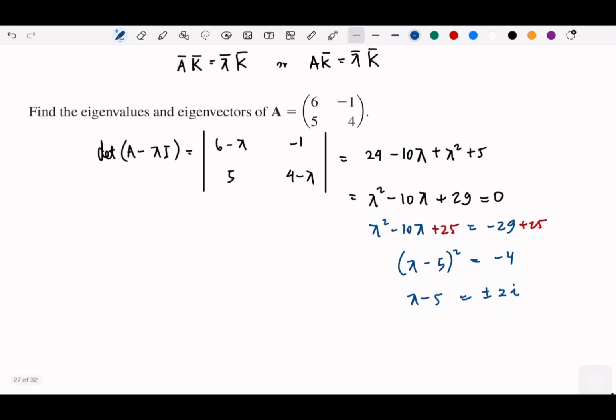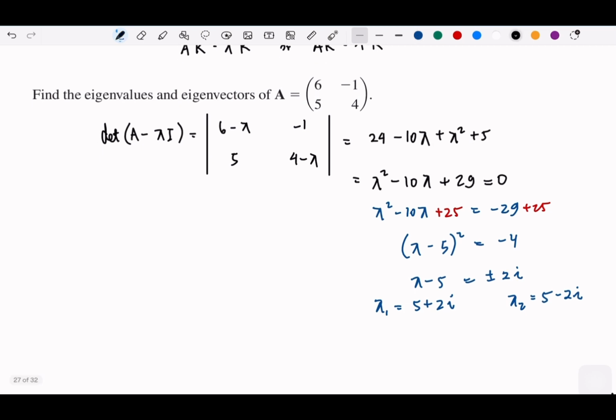So lambda 1 is 5 plus 2i, and lambda 2 is 5 minus 2i. And for each one of them, we need to find the eigenvectors. Since this is a 2 by 2 matrix, I think we can just solve the system of linear equations, not necessarily doing the row operations.